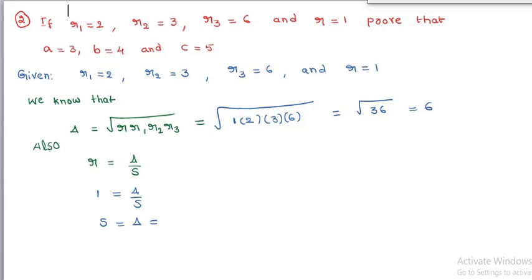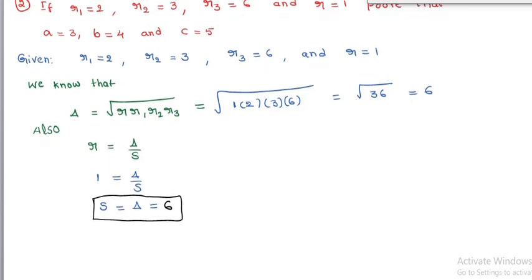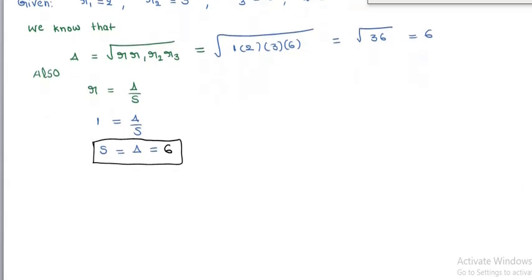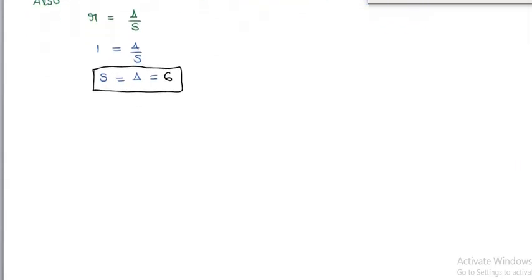So s is equal to delta. What is the value? 6. The s value and delta value are the same. So substituting all values, R1 is 2, R2 is 3, R3 is 6 and delta is also 6. Observe that.